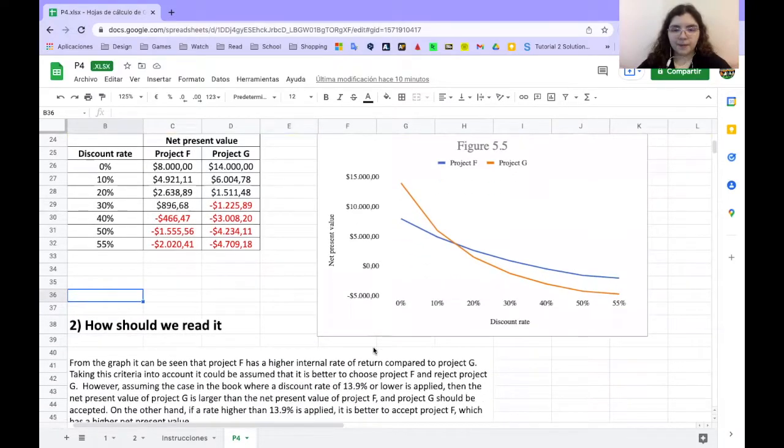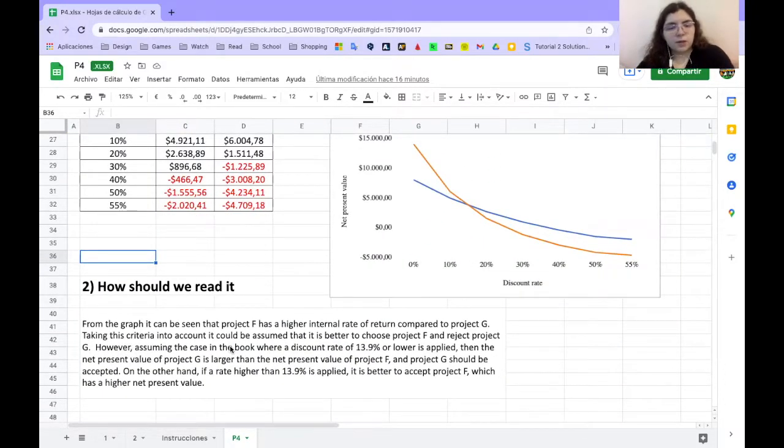And well, taking this criteria into account, it could be assumed that it's better to choose Project F and reject Project G. However, assuming the case in the book where a discount rate of 13.9% or lower is applied, then the net present value of Project G is larger than the net present value of Project F, and Project G should be accepted.